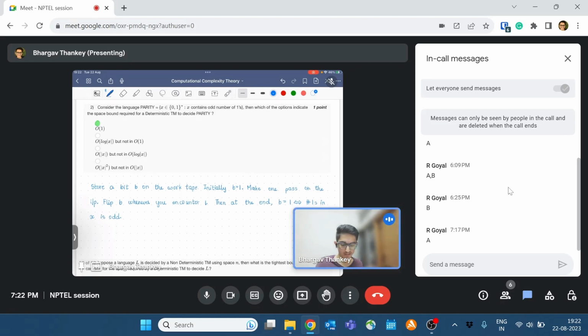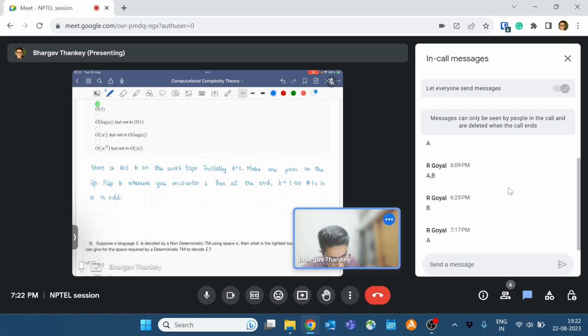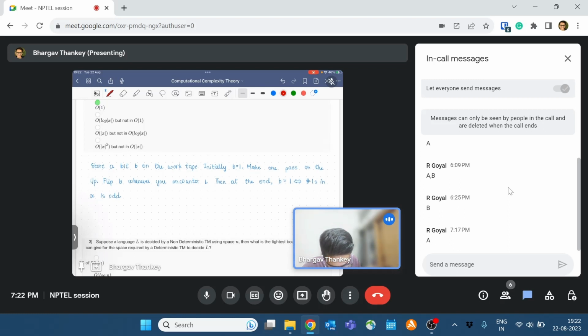Okay. So one more thing, we know the following, right? Let me write it down. We know that B-space f(n) is contained in D-time 2 to the order f(n), right?